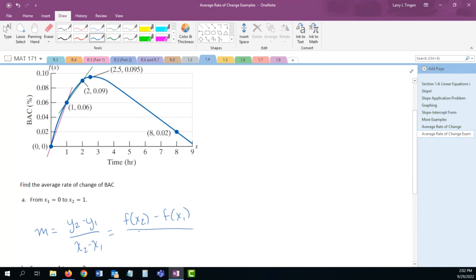we'll be very nice and change our setup to, instead of y sub 2, we have f at x sub 2, f at x sub 1. Now, from 0 to 1, so let's swap out all of our numbers here. X2 is 1.